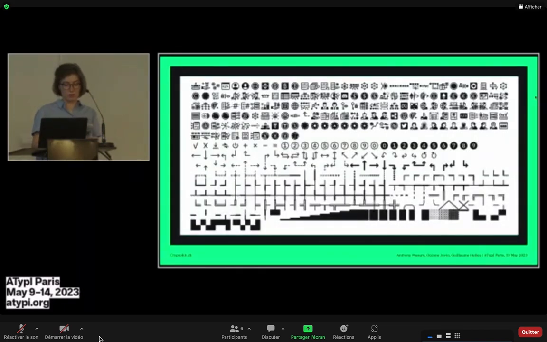So here you have the pictograms in positive. At the beginning of the project, the plan was to draw 80 pictograms and result in a font constituted of 160 symbols that represent necessary elements to explain blockchain technologies.